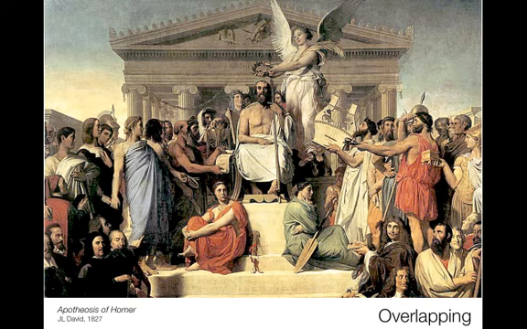The third strategy is overlapping, right, where we have one object that sits in front of another, and that visual cue tells us that it is closer to us. When we can see the whole person, for example, the woman in red sitting on the steps, she is blocking out the man in the green, as well as the stool or the throne that Homer is sitting on.